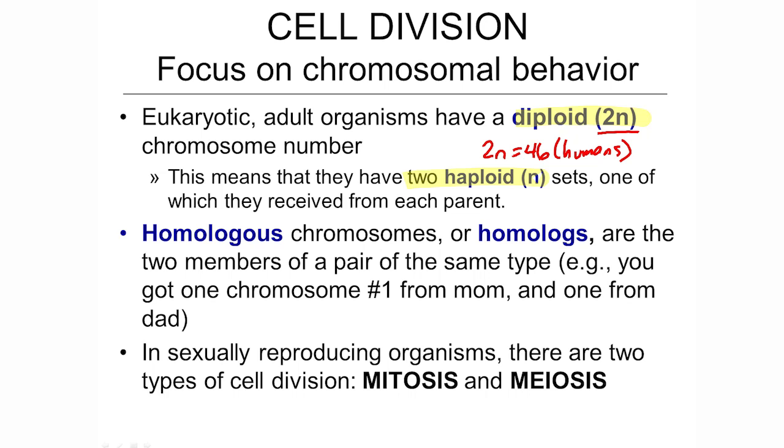In other words, if we use humans as an example, through your father's sperm, you received one complete set, and through your mother's egg, you received another complete set. So one complete set is algebraically known simply as n, and that gives you the idea that our diploid number, 46, is the combination of these two haploid complete sets. So I hope perhaps it's obvious that if 2n equals 46 in humans, n would equal 23.